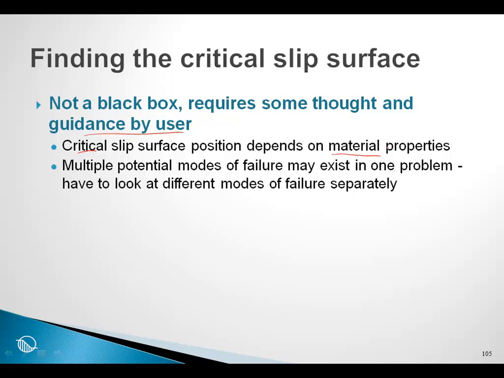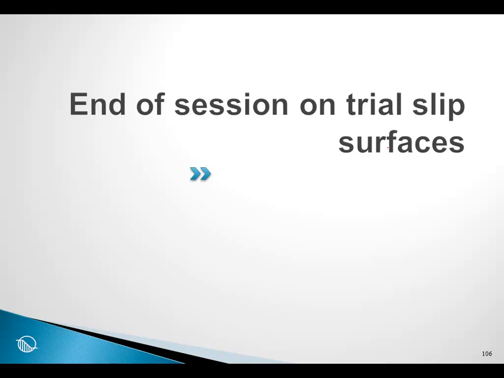We would encourage you to look at each one of the modes of failure separately, which is now quite readily done with multiple analyses in the same file in Slope W. So this then brings us to the end of the session on trial slip surfaces for a Slope W stability analysis.